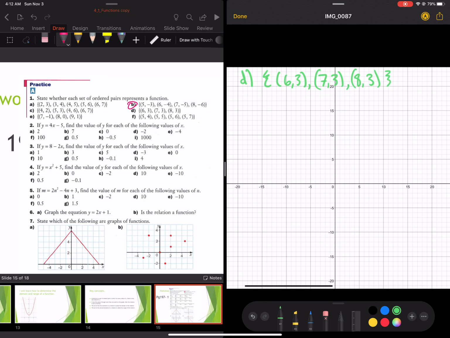So if I graph it, 6, 3 would be there, 7, 3 would be there. And then finally, 8, 3 would be there. Now, it's important to note that for every x value, there's only one y value, which means this is also a function.